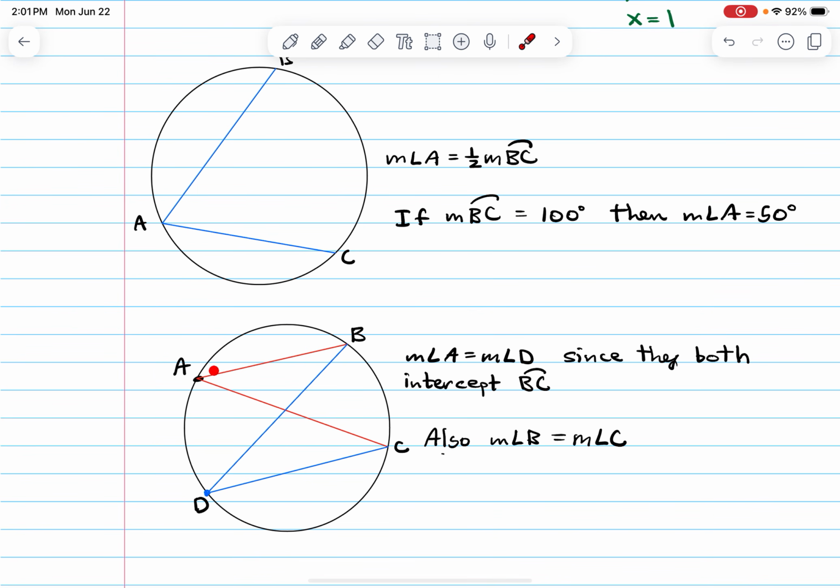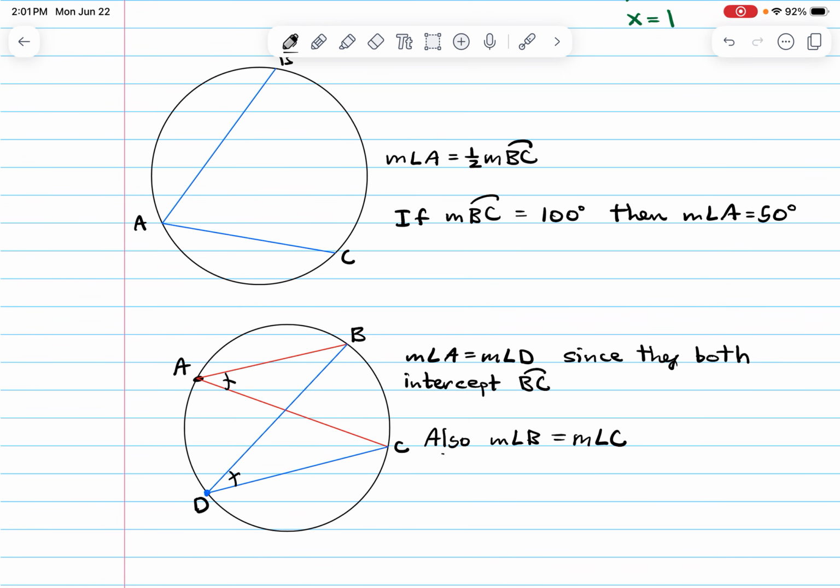So notice this angle here is created by these two chords, and they intercept this BC. Angle D, this angle right here, is created by these two chords, which also intercepts the same arc. When that happens, it means that this angle is congruent to this one. They have the same measure. So the measure of angle A is equal to the measure of angle D.